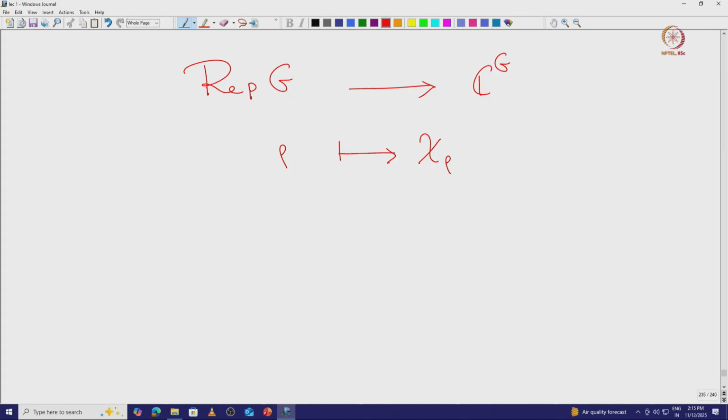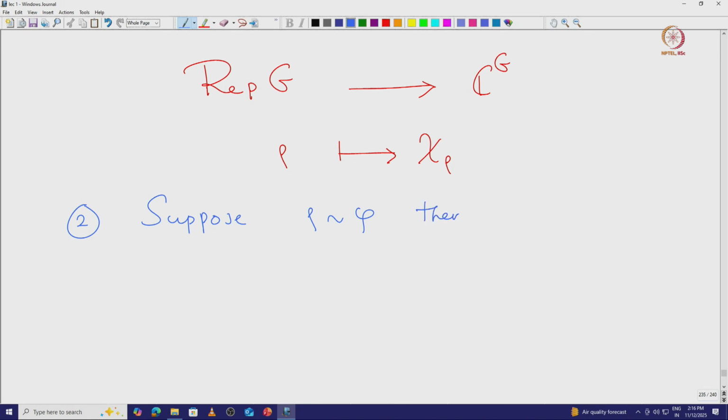Our first observation is that this chi rho is unique up to equivalence of representations. Let me state it here. Suppose rho is equivalent to phi, that means the representations are isomorphic.